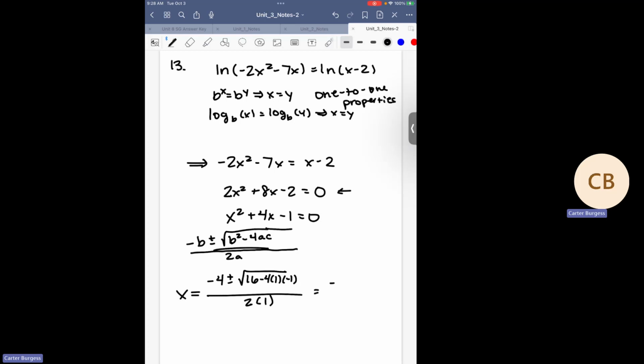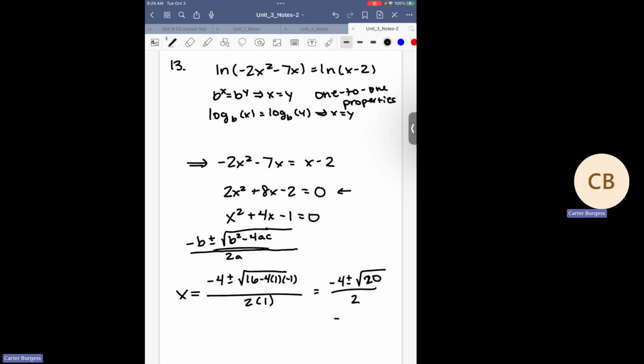And so I get -4 plus or minus the square root of 20, all divided by 2. Go ahead, plug that into your calculator. So -4 plus square root of 20 divided by 2.